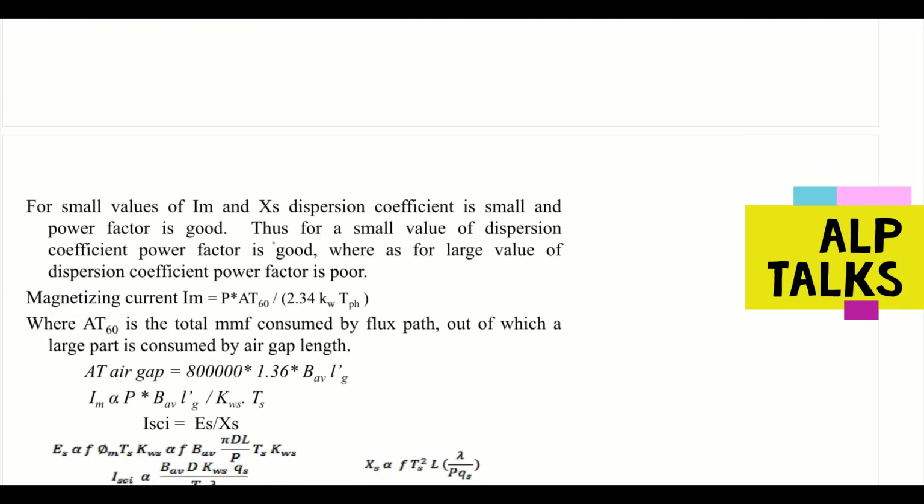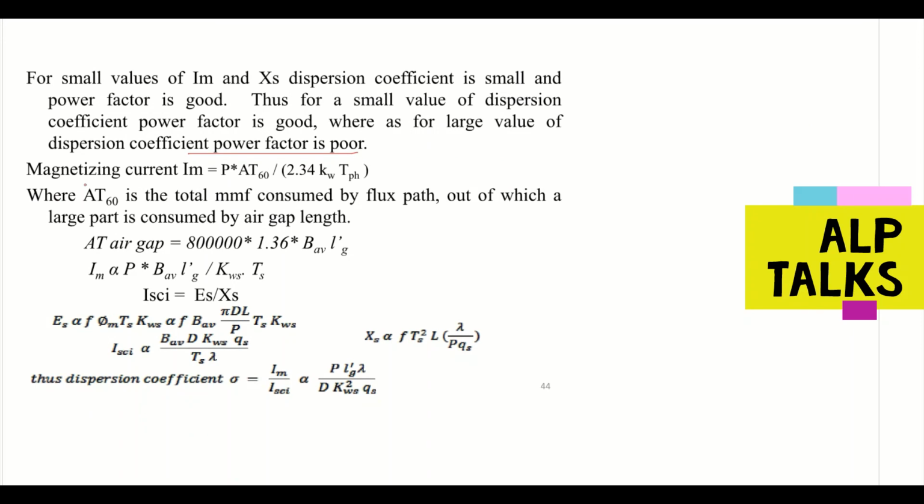So for small values of Im and Xs, the dispersion coefficient is small and power factor is good. Thus, for a small value of dispersion coefficient, power factor is good, whereas for a large value of dispersion coefficient, power factor is poor. So magnetizing current we can calculate by using this formula.